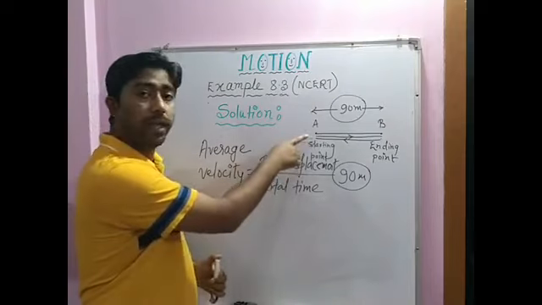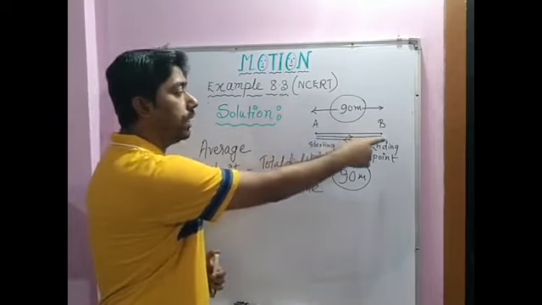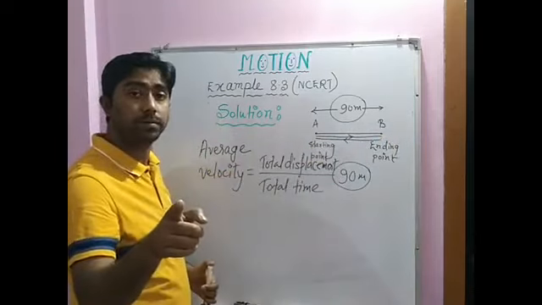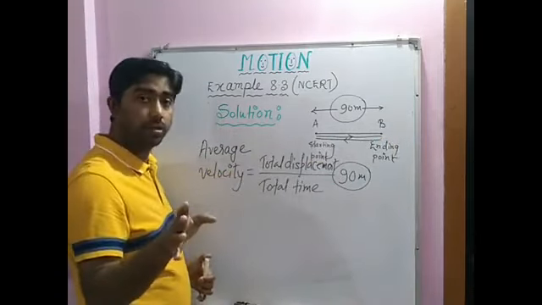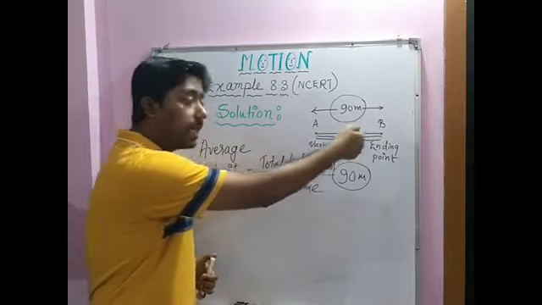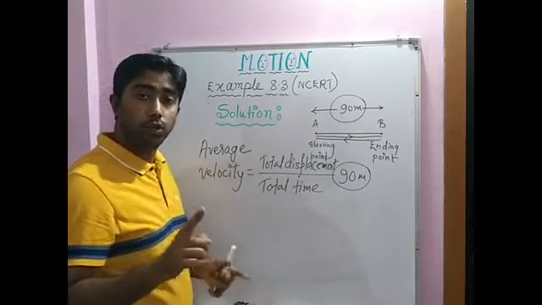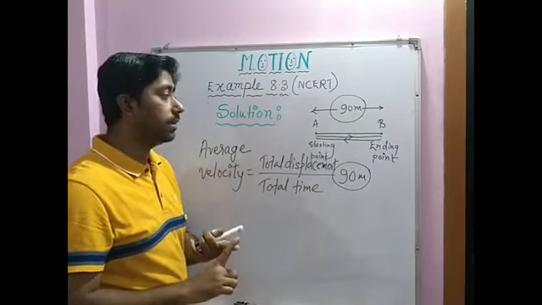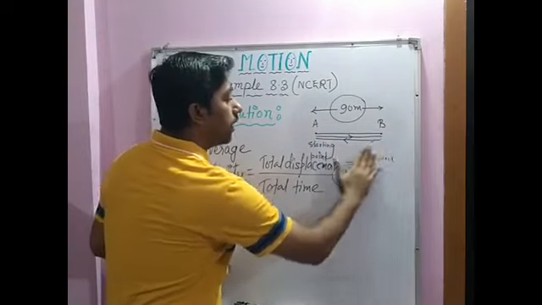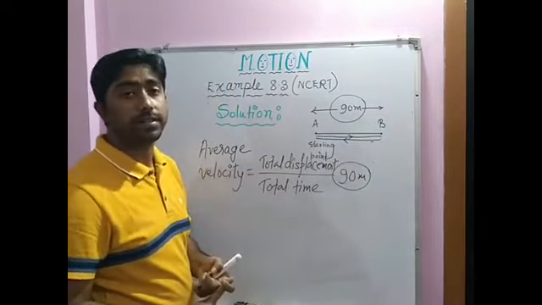She started from A, went up to B, and came back again to the starting point. Listen carefully. Started from A, reached B, again came back to the same point. So her starting and the finish point is same.